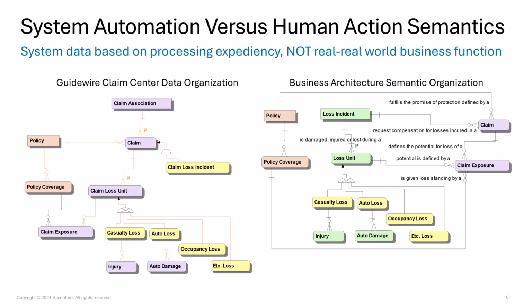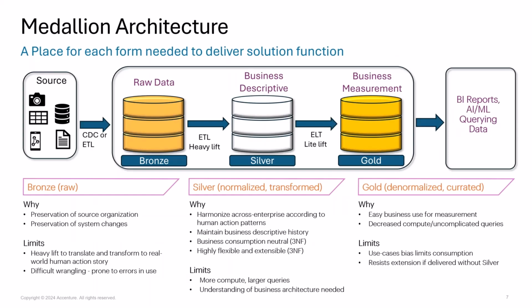And so the heavy lift here is really to take that operational view, which has most of this data, and transform it into something that is actually capable of delivering the information functions that we're interested in. There's a complex set of needs that make medallion architecture necessary for a number of enterprises.